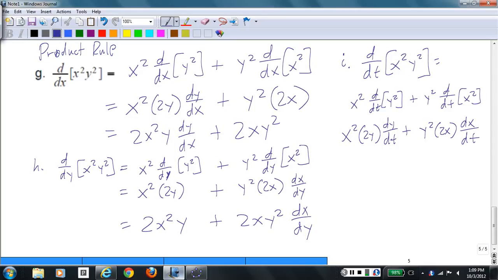The variables don't match, so we have to multiply by that factor of dx dt in this case, or dy dt in that case. So 2x squared y dy dt plus 2xy squared dx dt.